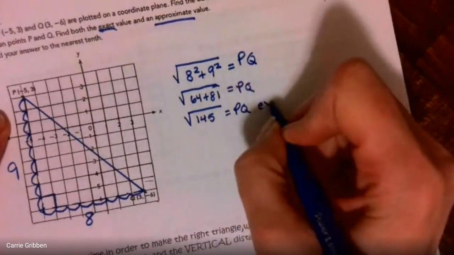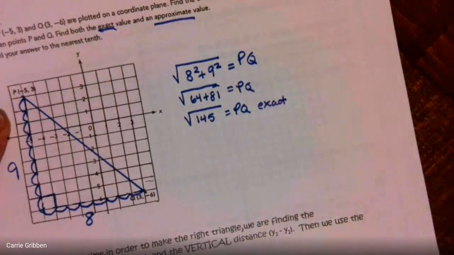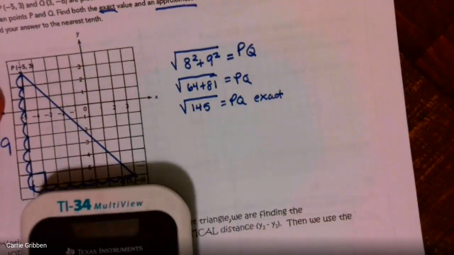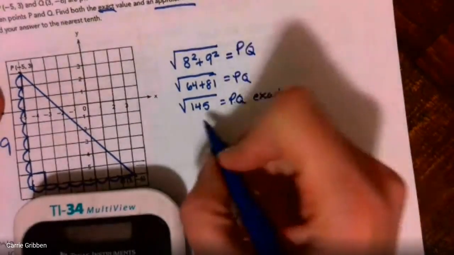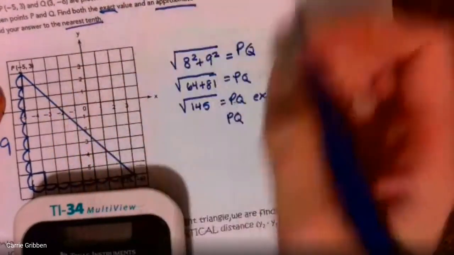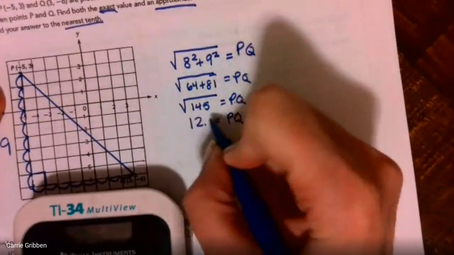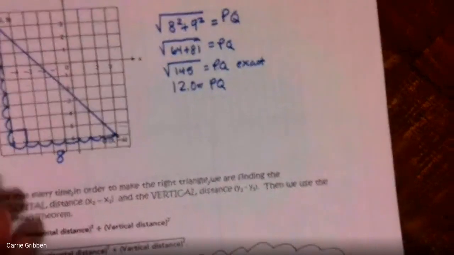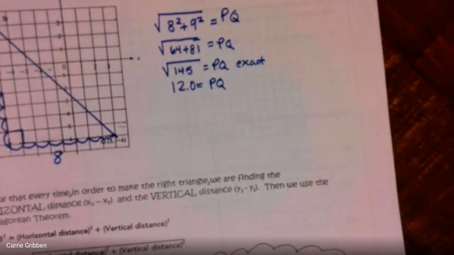This would be the exact answer they're looking for. And approximate value, if I do that, and I round it out, square root of 145 is 12.04. Oh, it does say round to the nearest tenth, so that means 12.0. Okay, that's pretty much it. So you're just looking for the legs and you're adding them together.